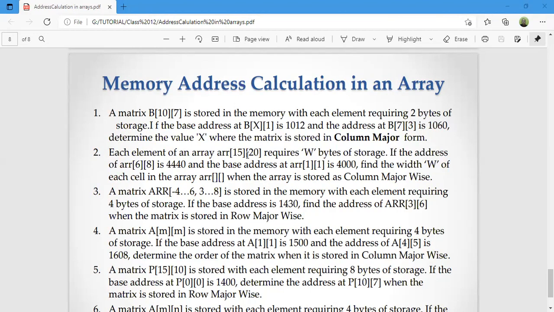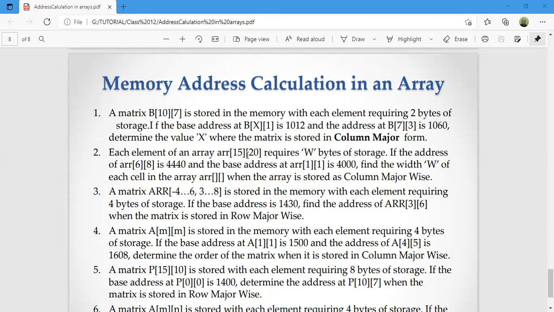So here M is 15, N is 20, W is unknown, the value of I is 6, J is 8. The address that is to be calculated is 4440, that is given to you. Base address at 1, 1 is 4000. You have to find out W if the array is stored column major wise. Okay.